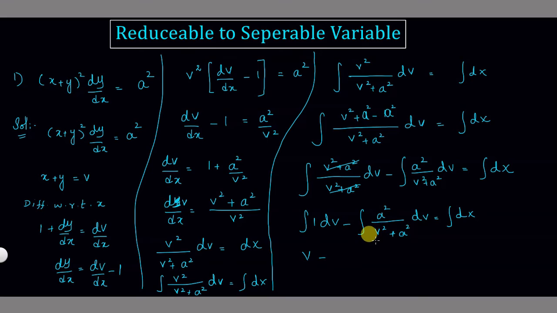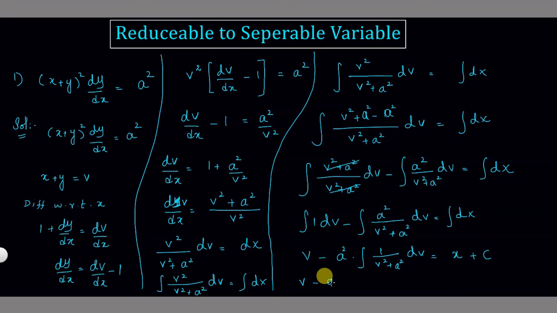Here I am again stressing that your integration should be very strong. So what is the integral of 1 over v square plus a square? We all know a square is a constant, it will be out of the integral. So what is left? 1 over v square plus a square dv is equal to integral of dx, which is obviously x, and we apply the constant of integration.